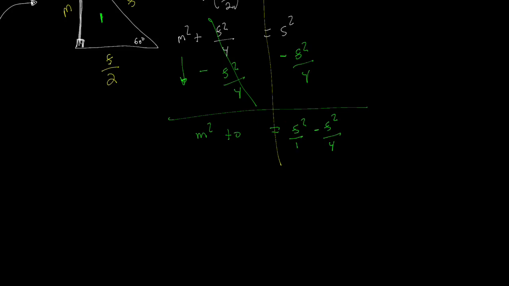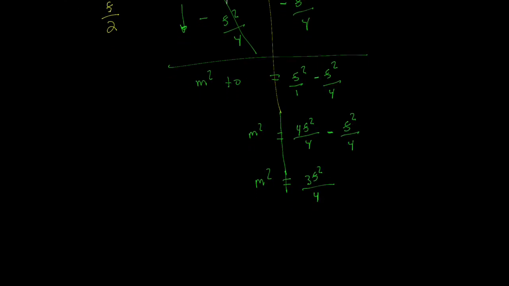So here I'm going to get M squared plus 0 is M squared, and that's going to equal 4S squared over 4 minus S squared over 4. So we get M squared is equal to, well, 4S squared minus 1S squared is going to give us 3S squared. And since we have the common denominator, we keep that 4 here.